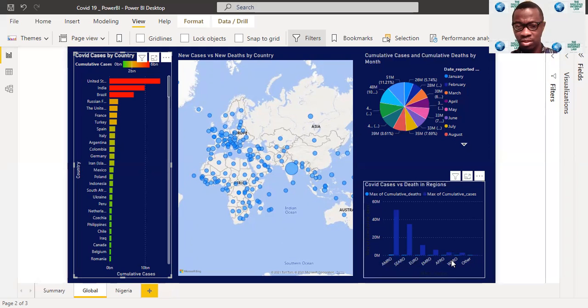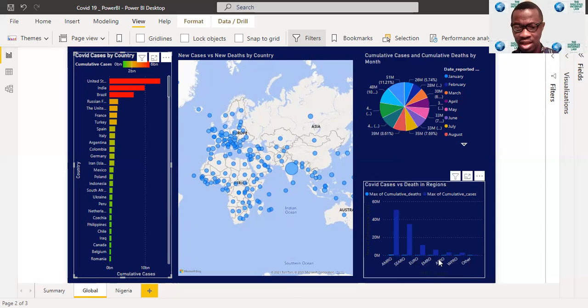So we can tell from here that the AMRO cases, which is the American region, show that COVID-19 has impacted the American region more, followed by the Southeast Asian region, followed by Europe, followed by the EMRO, which is the Eastern Mediterranean region.